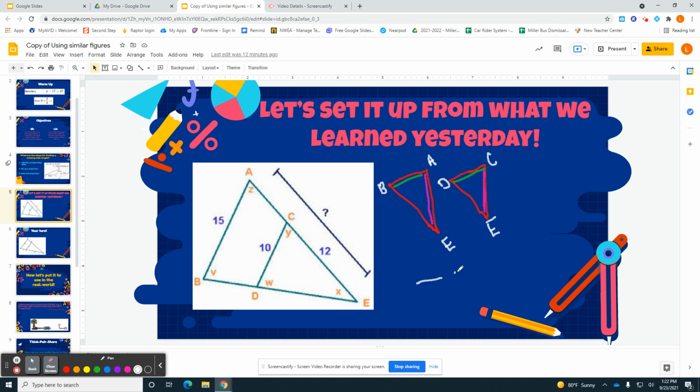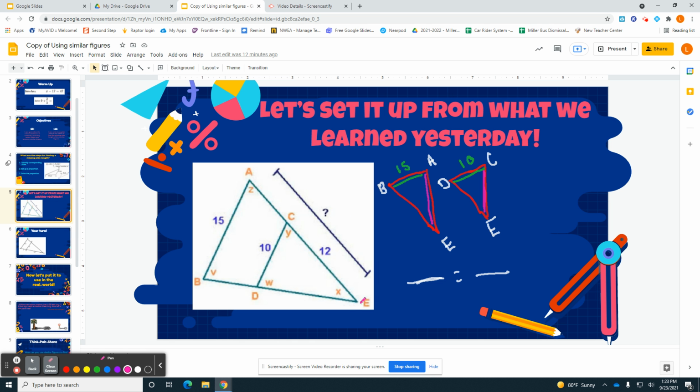So I know I'm going to write a proportion, and I'm going to use adjacent side lengths. So that means I'm going with the measurements within my shape. So measurement AB is 15, and then measurement DC is 10. Then we have AE.